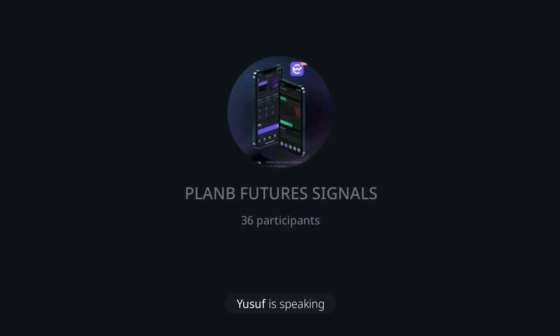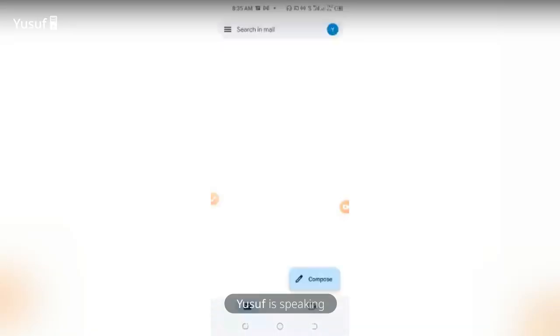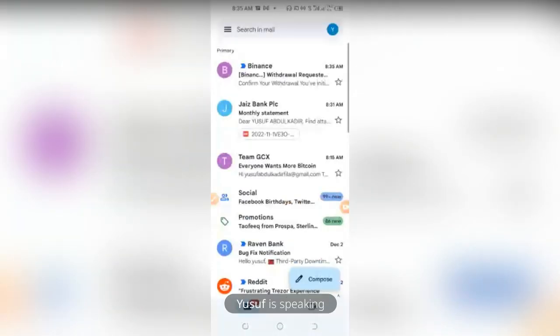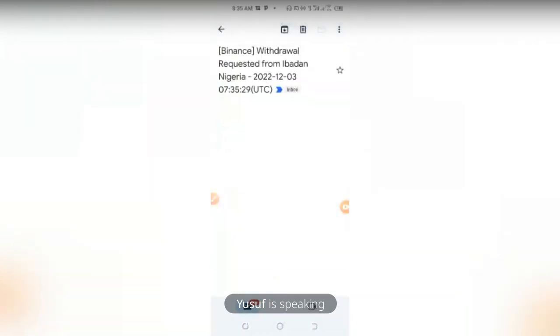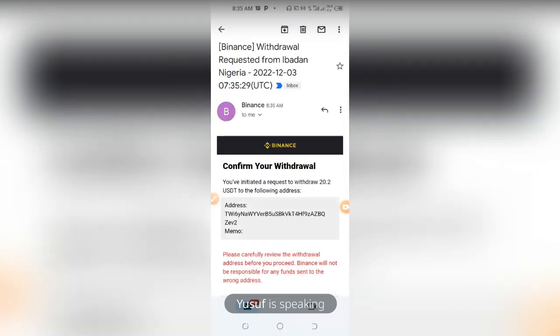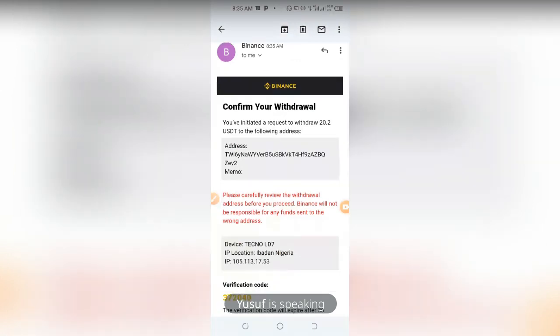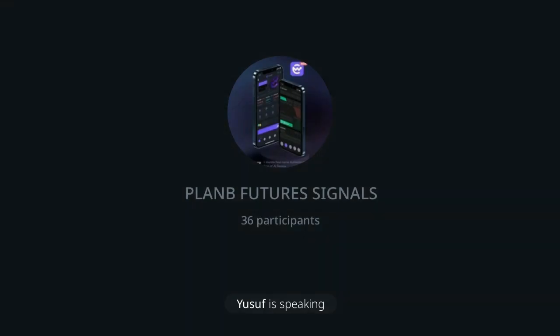Then I'll minimize again and come to my email to search for the code. You can see the message has come in, withdrawal request, Binance. Binance is trying to inform me that there's a transaction going on to move money out of your account. Are you aware? Was it you? If it is you, use this code.